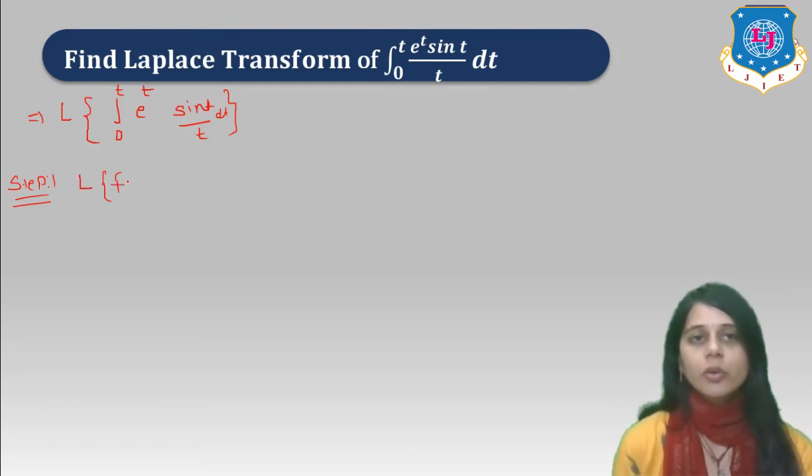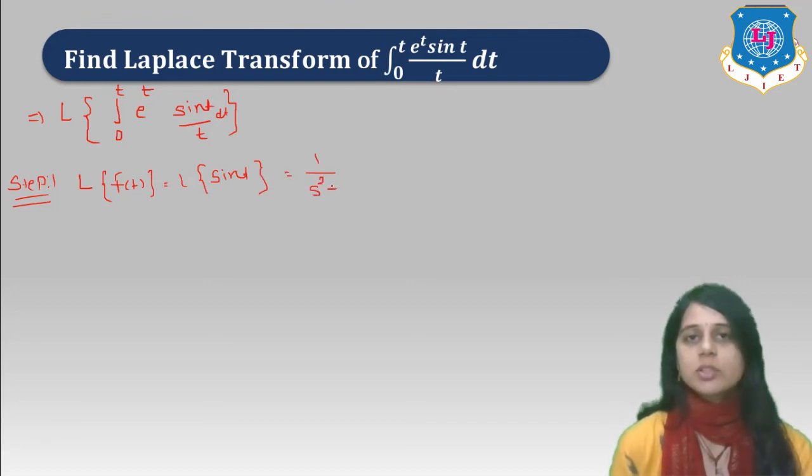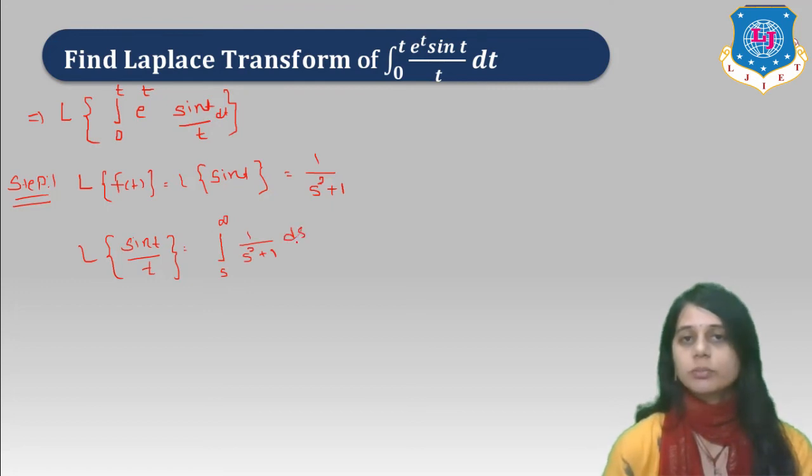Laplace of sin t is 1 upon s squared plus 1. Next is sin t by t. For division by t, we integrate from s to infinity 1 upon s squared plus 1 ds. So we get Laplace of sin t by t.